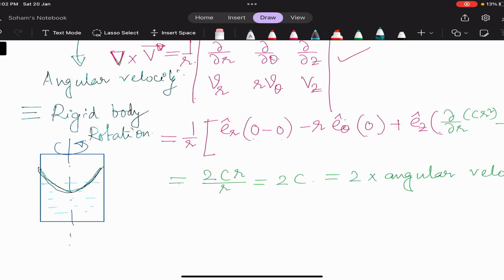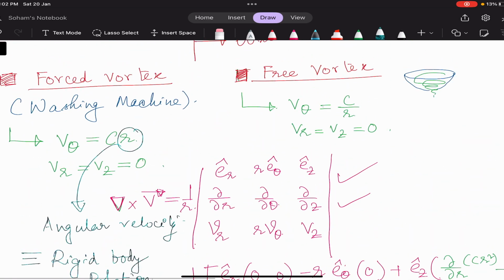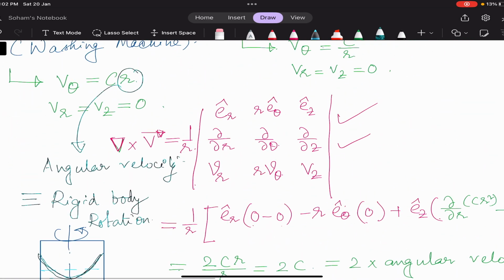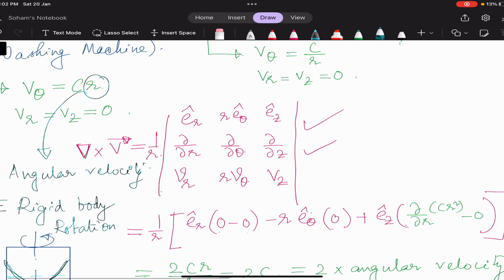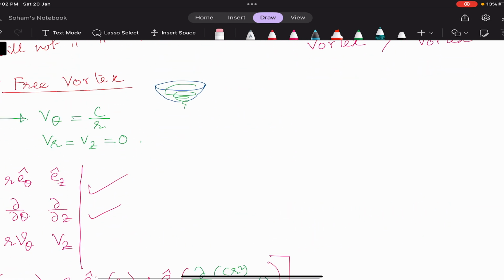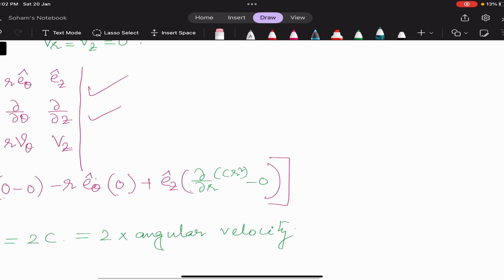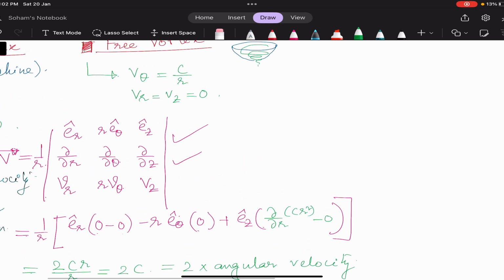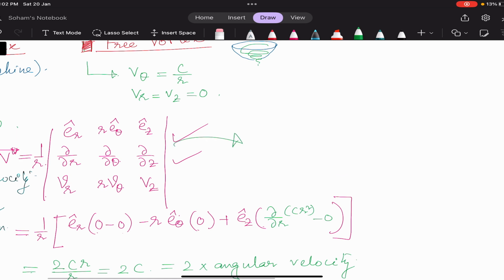Now let us go for the curl of V in case of a free vortex. For a free vortex, what will be the change? The same thing will be there.